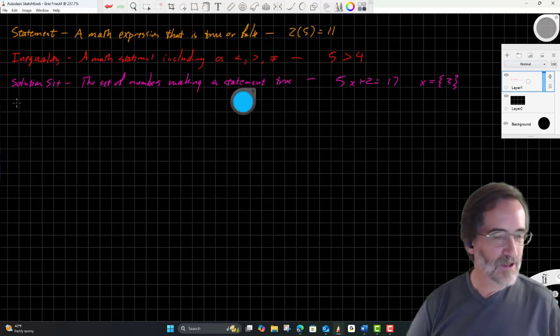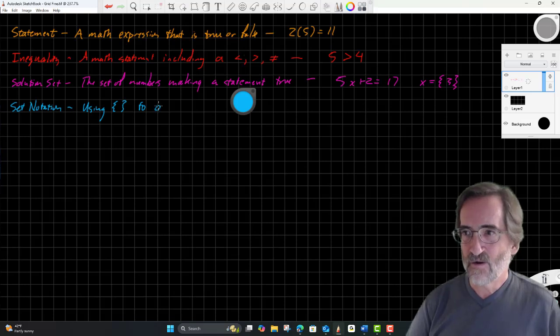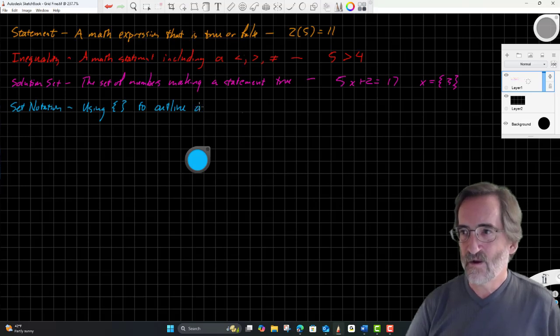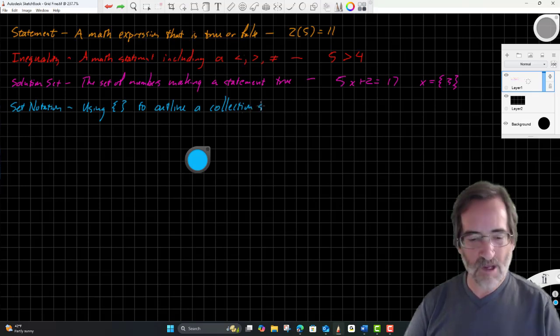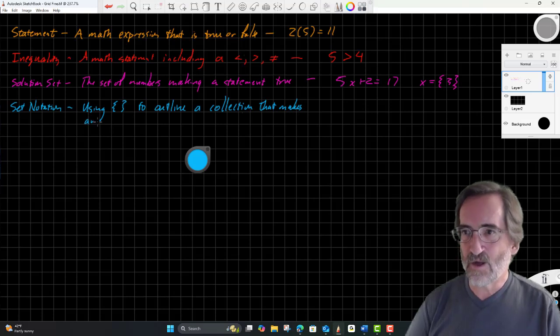Solution set. Set notation. Using curly braces to outline a collection that makes an equation true.